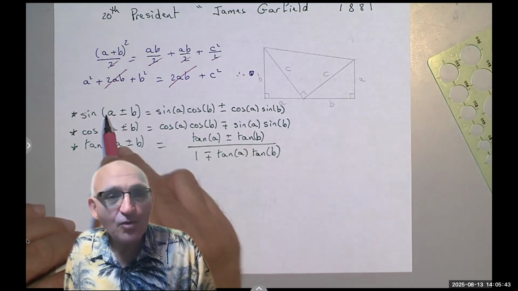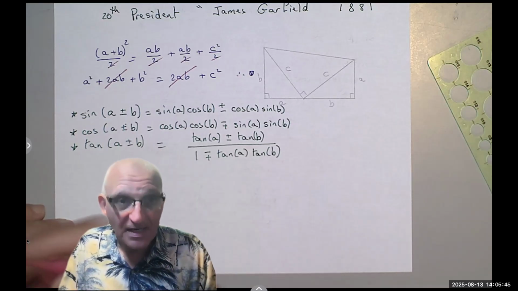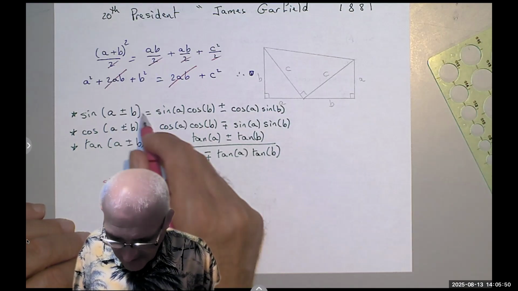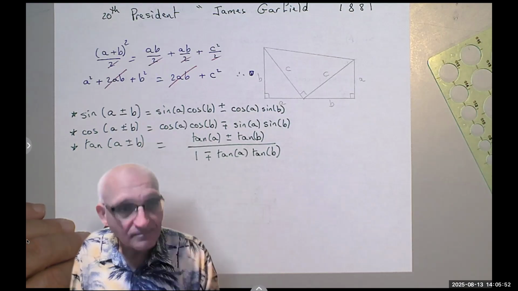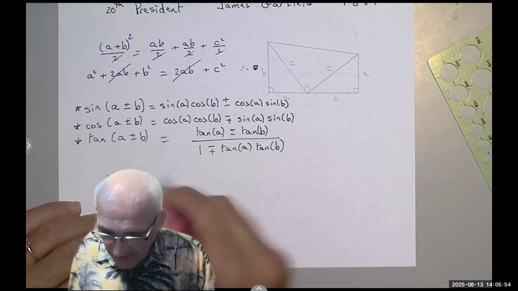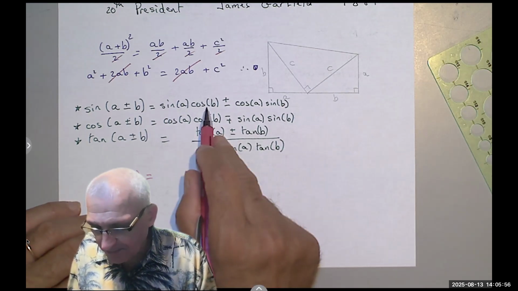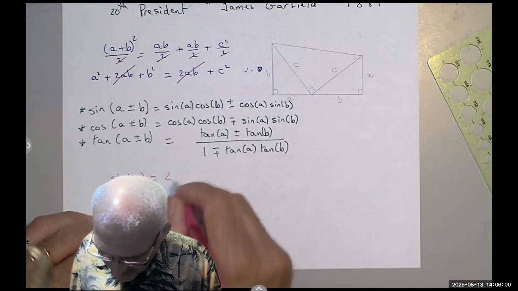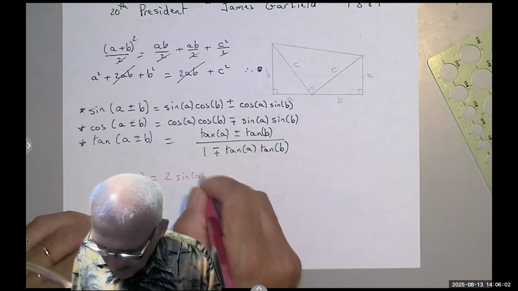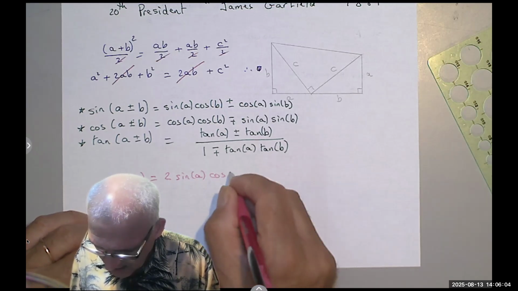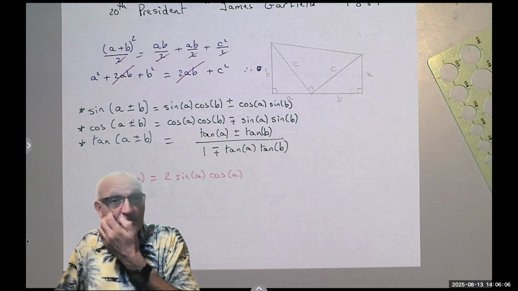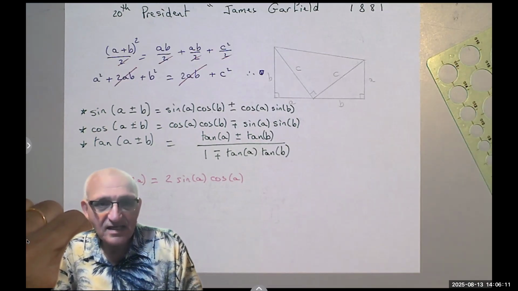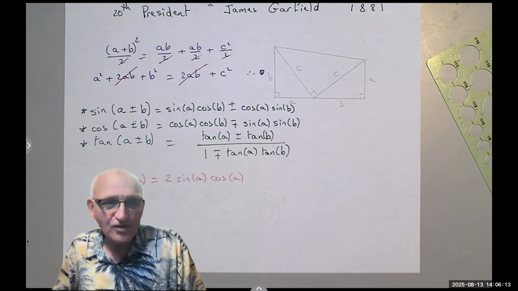So if A equals B and you use the positive, sine A plus A is sine twice A, becomes sine A cosine A plus cosine A sine A, which is the same thing. So you get twice sine A cosine A.